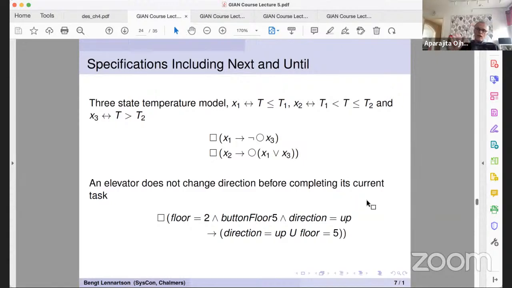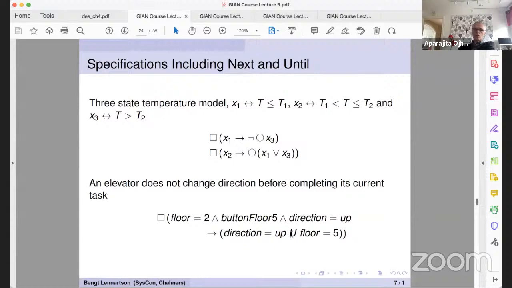These until specifications, yeah, I mean, here is a very specific application for an elevator, which I found from the beginning was one of the few examples I could find where I had this until operator. So for instance, if you're at floor 2 and you push the button to get to floor 5 and direction up, that should mean that you should go direction up until you get to floor 5.